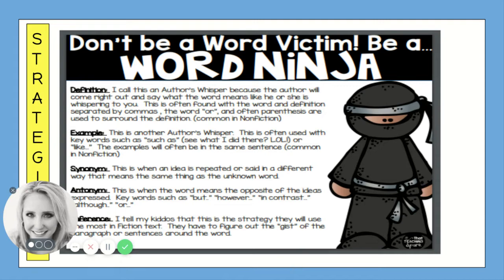First strategy, definition. I call this an author's whisper, because the author will come right out and say what the word means, like he or she is whispering it to you. This is often found with the word and definition separated by commas, or the word or, and often parentheses are used to surround the definition.